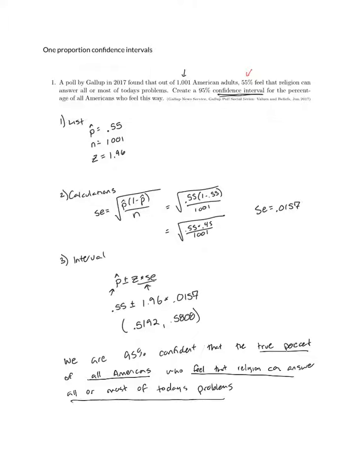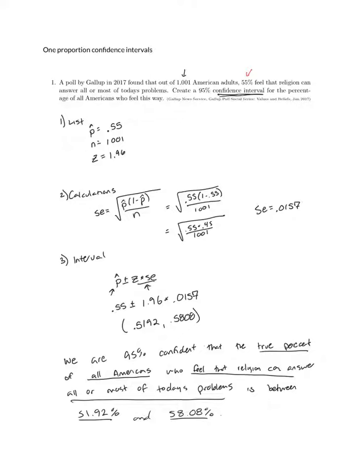So once again, I'm generalizing a percent. I'm trying to estimate all Americans who, and this is what they believe, is between, and now I'll state my interval. In this case, I had 51.92% and 58.08%.